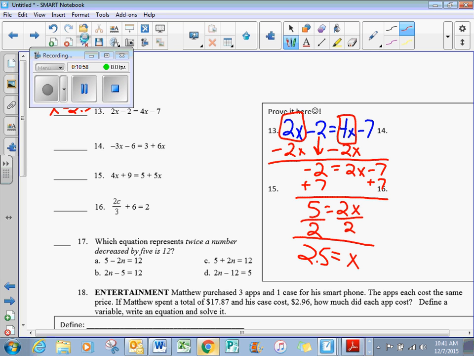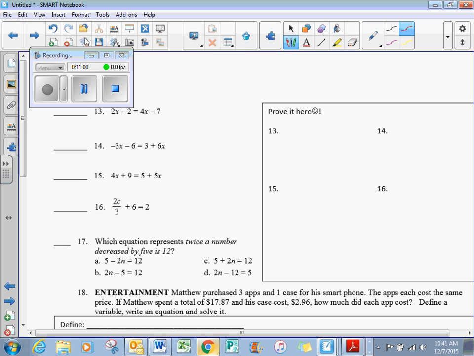Yes? No? Yes? Okay, 14. Negative 3x minus 6 equals 3 plus 6x. Okay? So I need to get x's together, so I'm going to add 3x to both sides. And I get negative 6 equals 3 plus 9x.